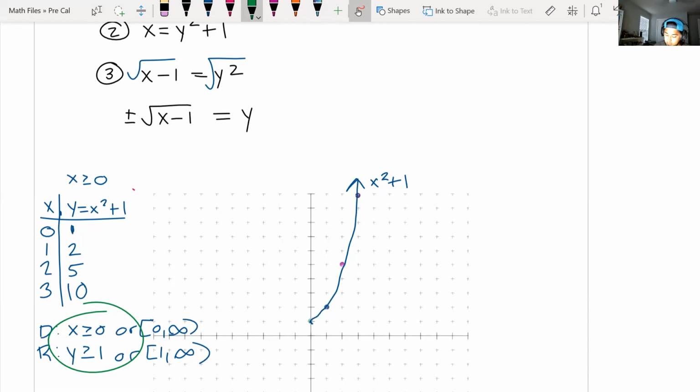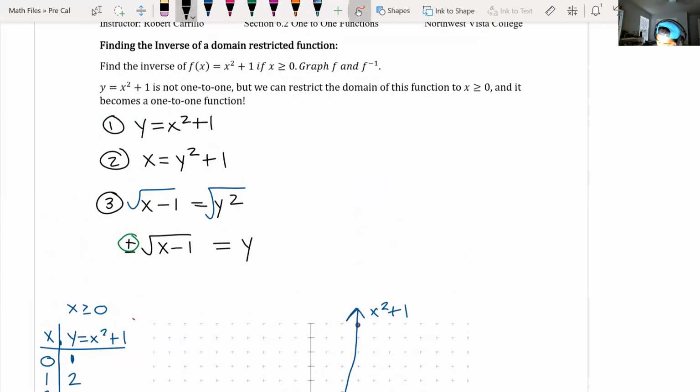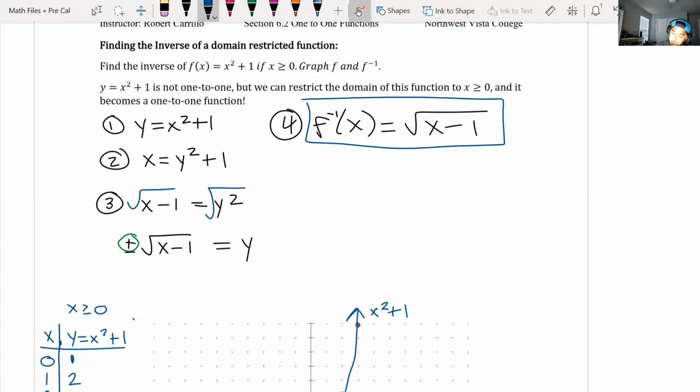You're positive. So we take the positive one. All right. So that means for step 4, we get f inverse of x equal to the square root of x minus 1, the positive one. There's our inverse.